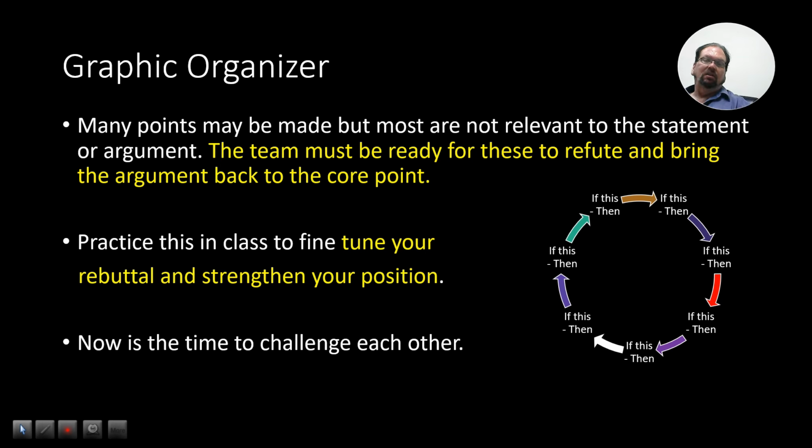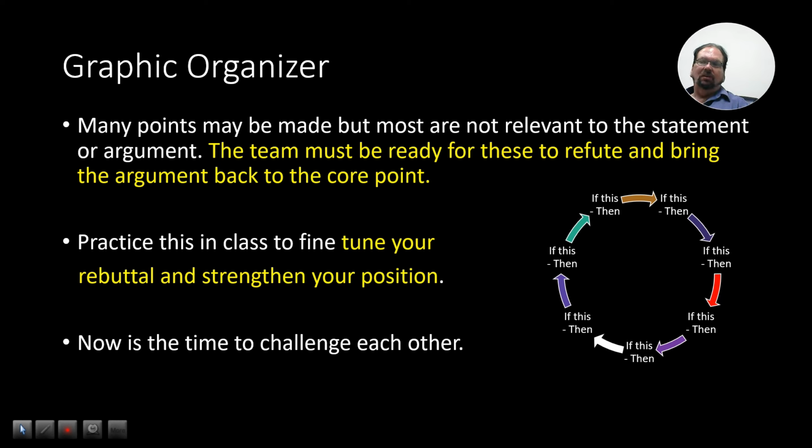If they distract you, you lose your debate. You lose your argument because you spend too much time arguing about something that's not important and you don't get your point done. Remember, this is a time idea. So practice this in class to fine-tune your rebuttal and strengthen your position. You cannot spend enough time doing this.